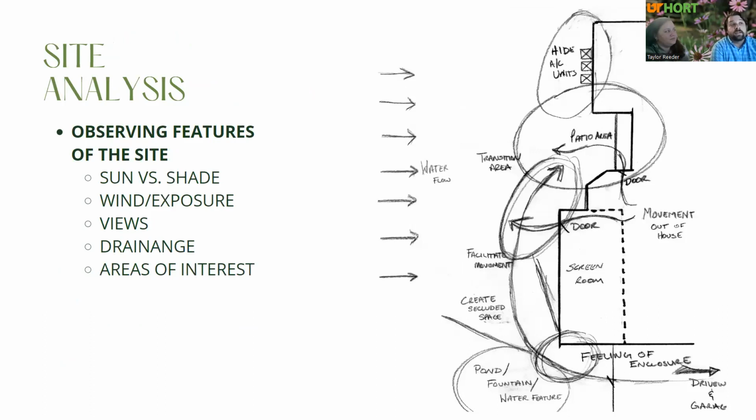These are things such as areas that feel good to hang out in, like in the morning when you're drinking your cup of coffee, there's this certain spot in the backyard where it's shaded from the trees and it's like the most beautiful area and the temperature's perfect. Those are things that you won't necessarily quantify on a base map, but a site analysis is where you would put that. It's important because it can help inform your design later on.